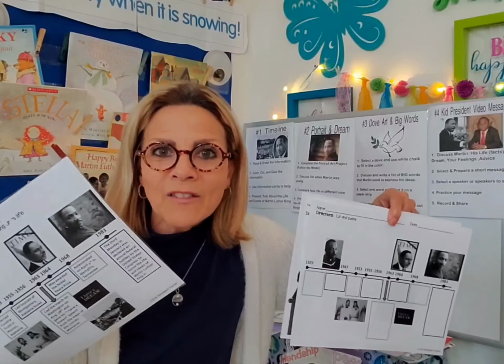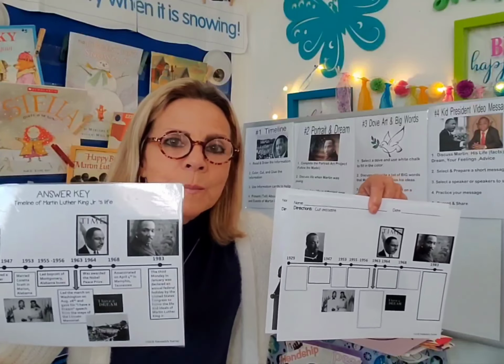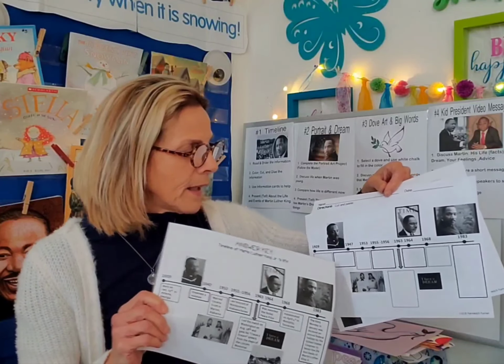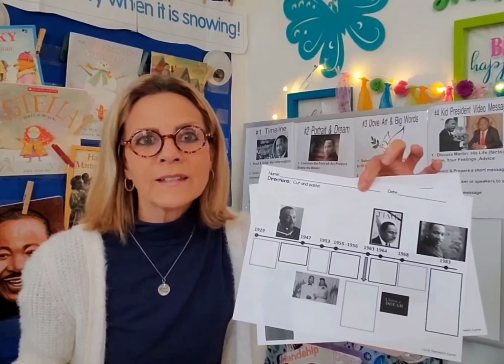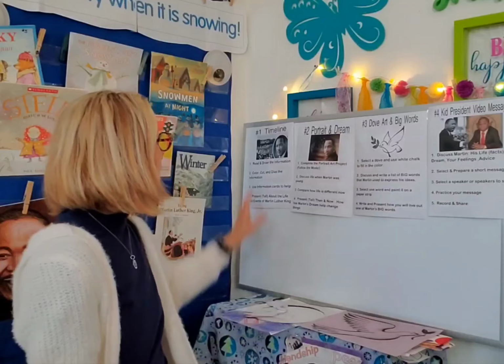This would be the one that, if I was going to navigate through and help the students a little bit and support them, this would be the one, because there's a lot of words here. They can definitely copy the answer key and then put the events in, but this one would need a little adult support.